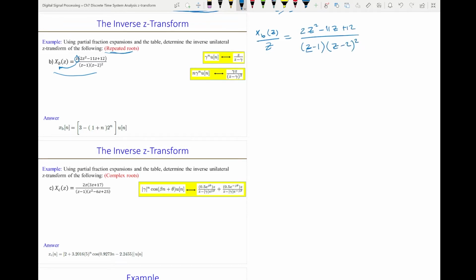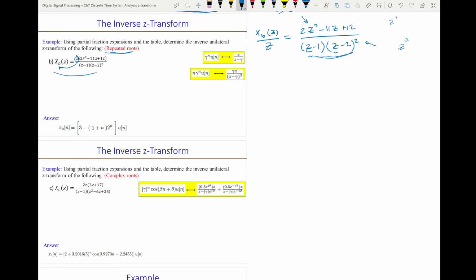The first thing before you do the partial fraction expansion, make sure z in the denominator is at higher power than z in the numerator. For this example, we have no problem, because in the denominator, if I multiply all these terms, I will have z cubed. This is z squared times z, that's z cubed. And in the numerator, I have z squared.